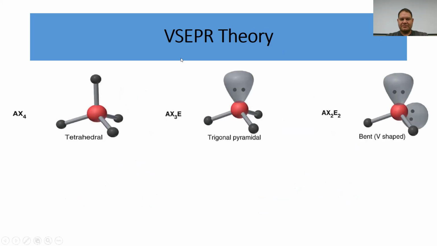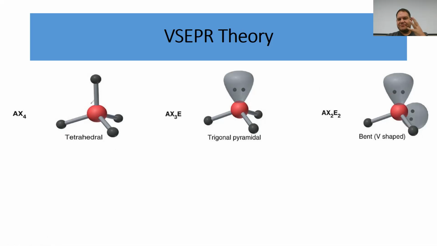All right, so now we have 3 geometrical shapes in front of us: a tetrahedral, a trigonal pyramidal, and a bent shape, okay? So let's start with the tetrahedral first. How many bonding domains do we have? Well, we have 1, 2, 3, 4. So there's 4 domains around the central atom of this tetrahedral.